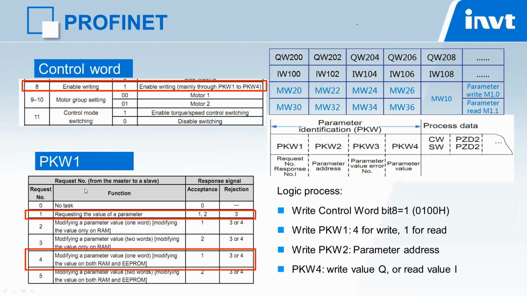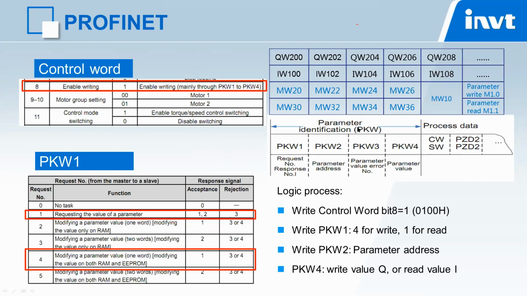PKW1, the function is: if we write PKW1 equals 1, it means the PLC will read the parameter value. Write PKW1 equals 4, it's used to write the parameter value.